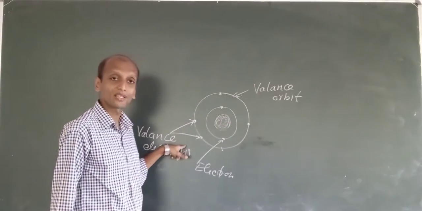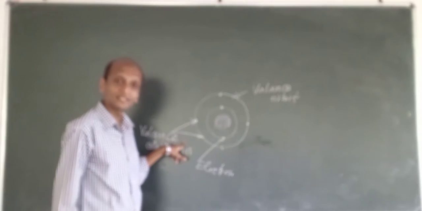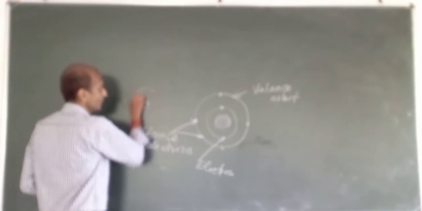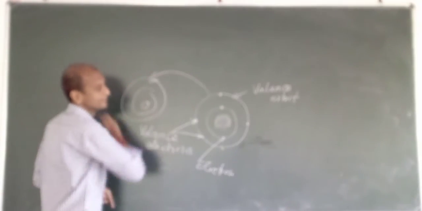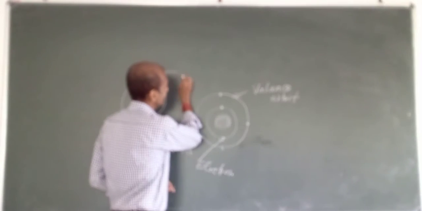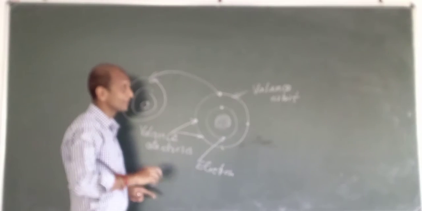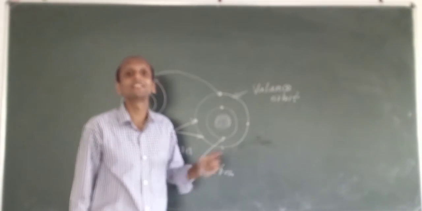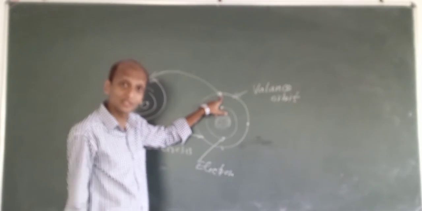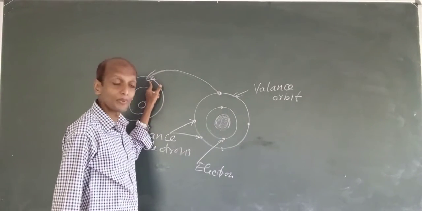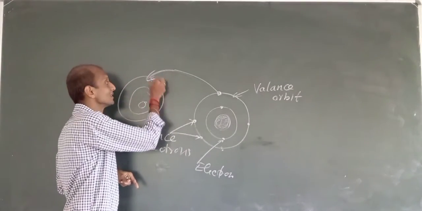Why are valence electrons important for us? Because valence electrons are the ones which will be jumping from one atom into another atom. When they get sufficient energy to jump, they will jump from their valence orbit into the next atom's valence orbit.